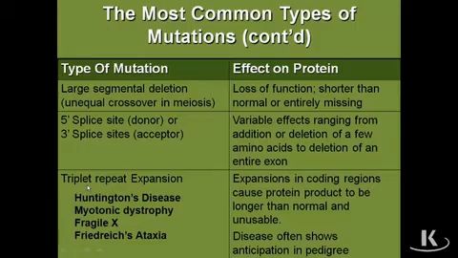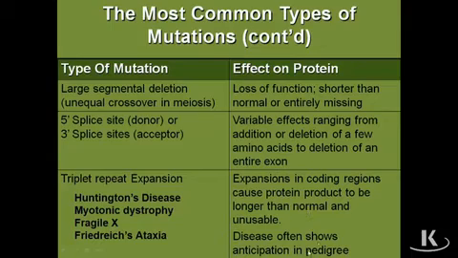Now, this usually causes a protein product that's longer than normal. And if it gets too long, if there's too many repeats that get placed into the coding sequence, the protein's going to be unusable, or it's going to be unstable. Usually it's an unstable protein that's eventually going to get degraded.